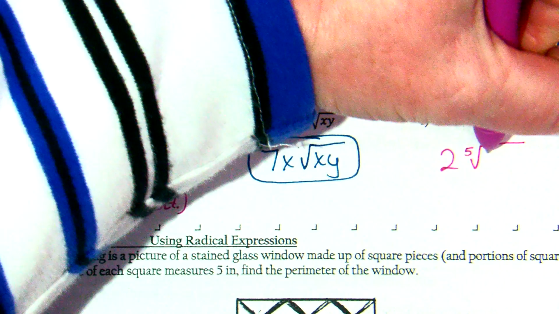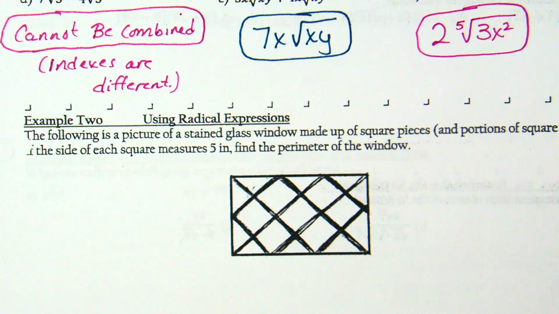Okay, let's look at this word problem. The following is a picture of a stained glass window made up of square pieces and portions of square pieces.